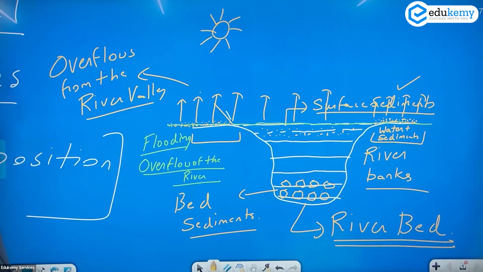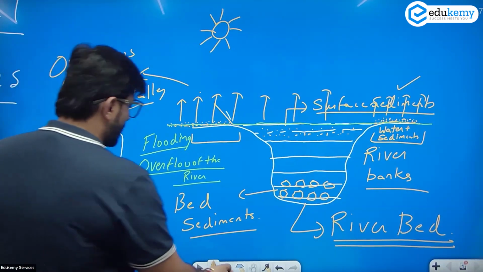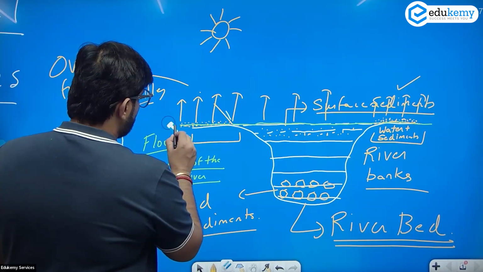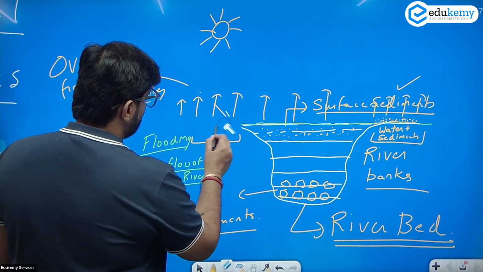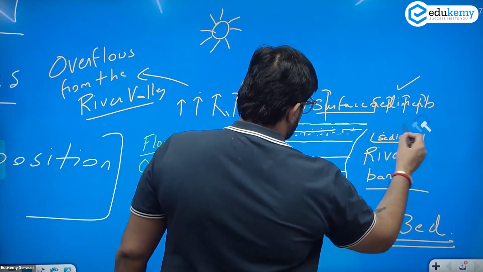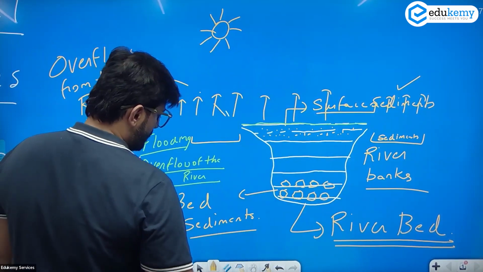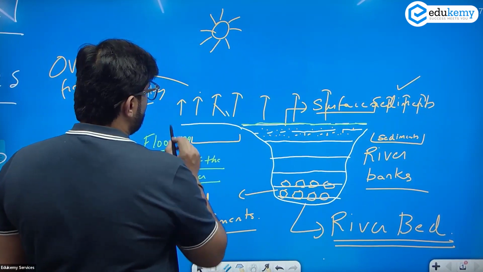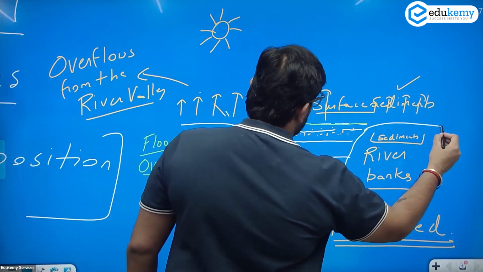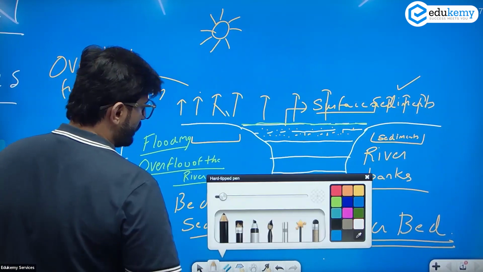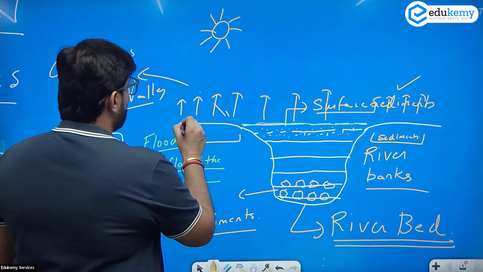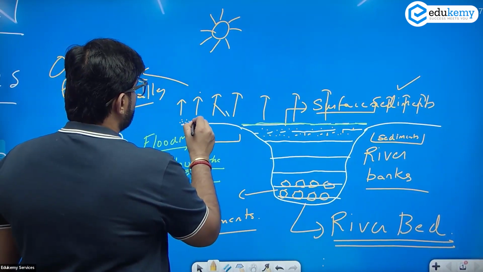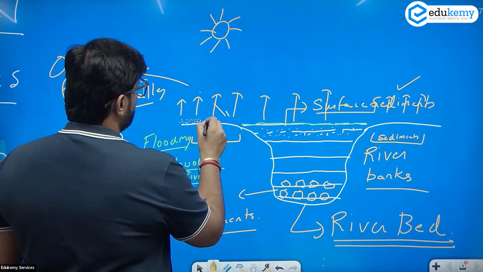And when the river levels start receding, the water that is present on the river banks is removed. Now the water will evaporate, but obviously the sediments won't get evaporated, and whatever sediments overflowed, those sediments are still deposited in these regions of the river bank.